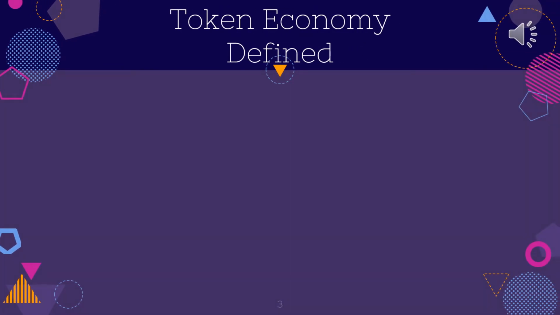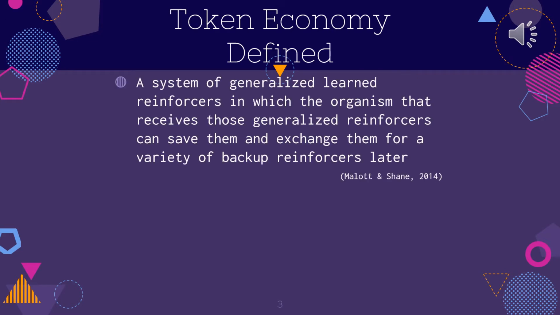To begin, let's define a token economy. Malott and Shane define token economy as a system of generalized learned reinforcers in which the organism that receives those generalized reinforcers can save them and exchange them for a variety of backup reinforcers later.